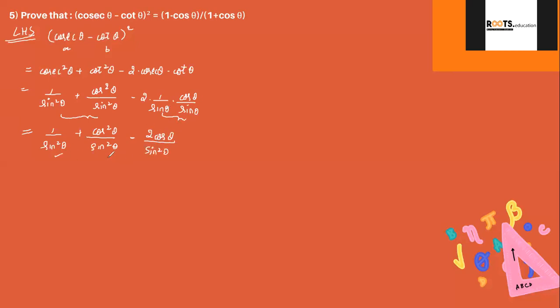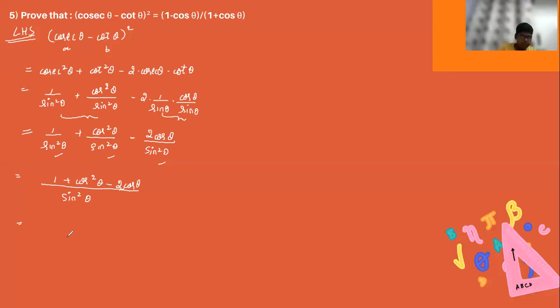Now you can see all the denominators are same, so you can add the numerators. So it is 1 plus cos square theta minus 2 cos theta over sine square theta. Any doubts still here? No, ma'am. Okay. Next.